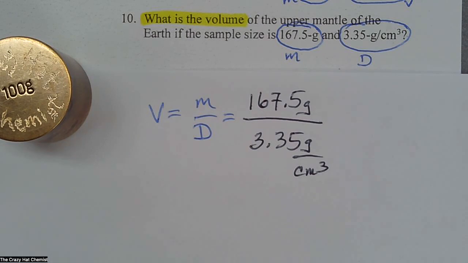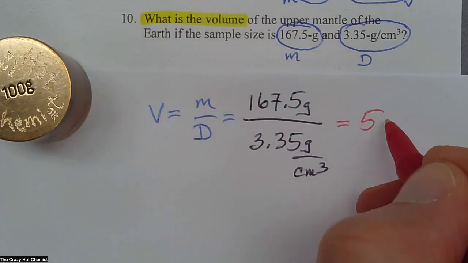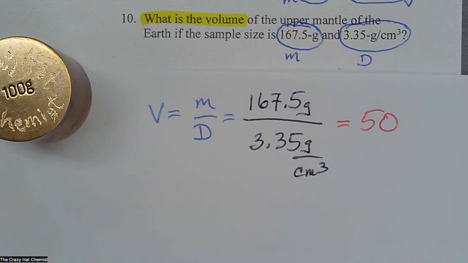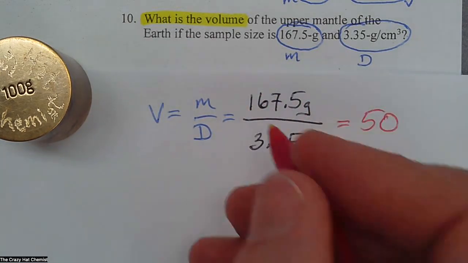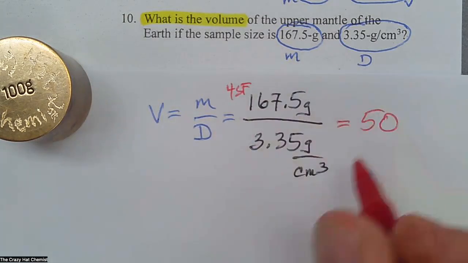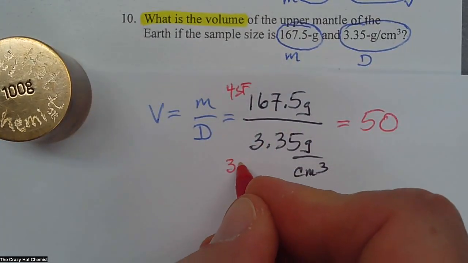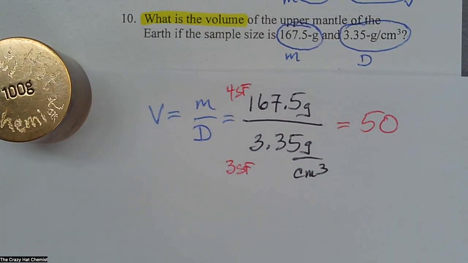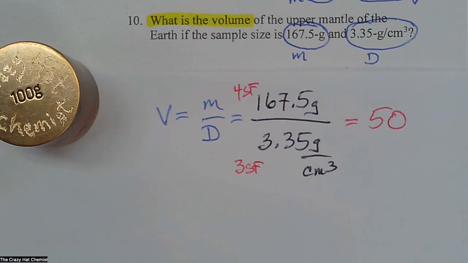That's 167.5 divided by 3.35. And I'm going to get the number 50. Just like that. And this number here in the numerator has 4 significant figures. This number in the denominator has 3 significant figures. So I need my answer to actually have 3 significant figures.